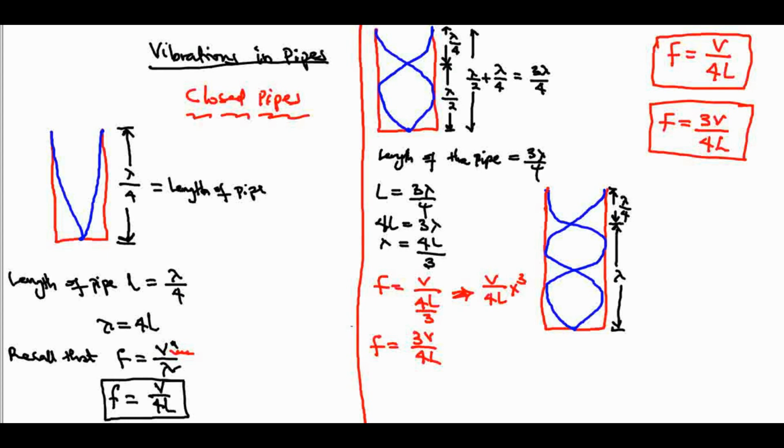such that for this we are saying that L is equal to lambda over 4 plus lambda, which is equal to 5 lambda over 4.